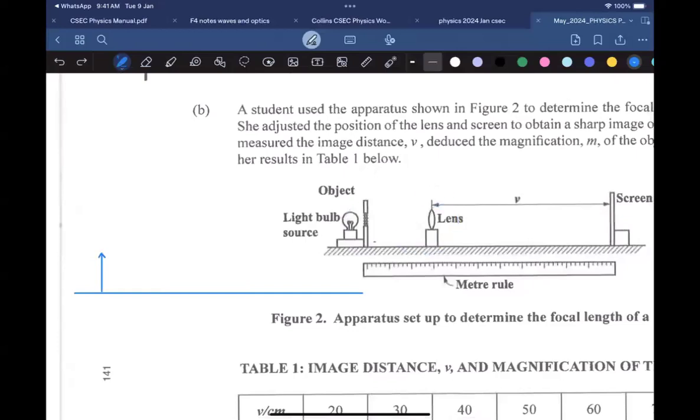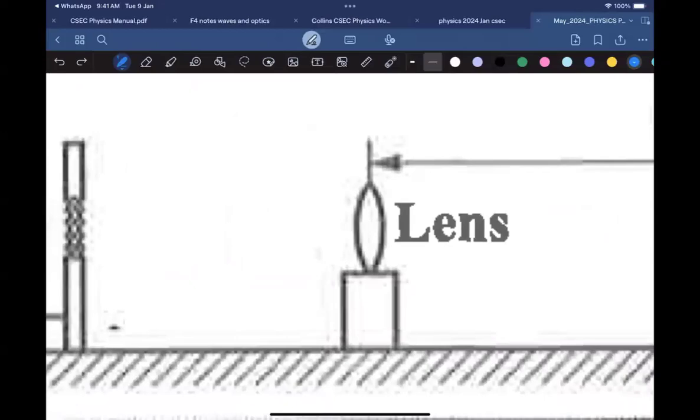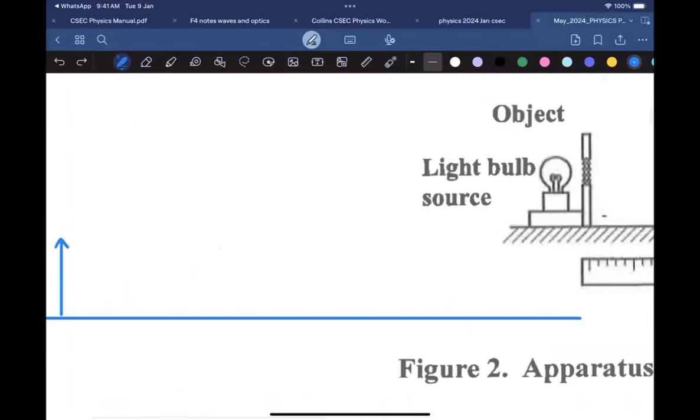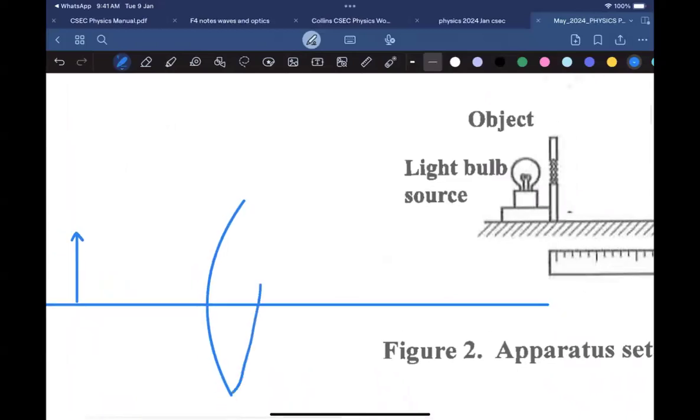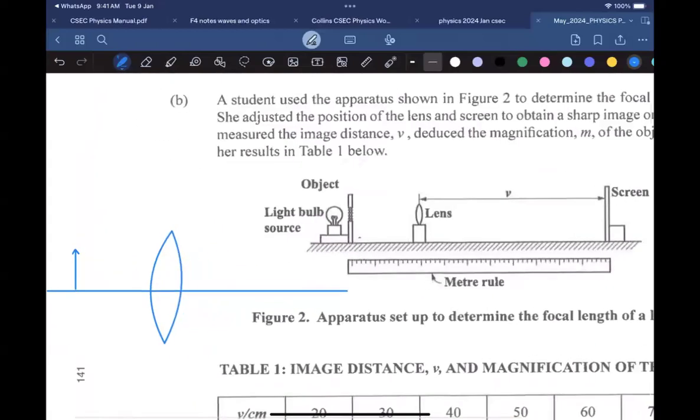Convergent, divergent? It looks like a convergent lens. So then you have a convergent lens here, right? And this over here, what does V stand for again? Image distance, right?